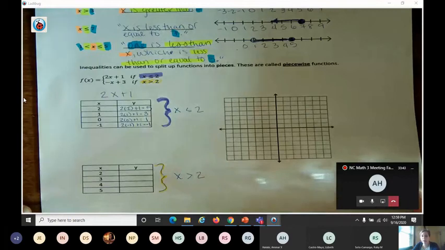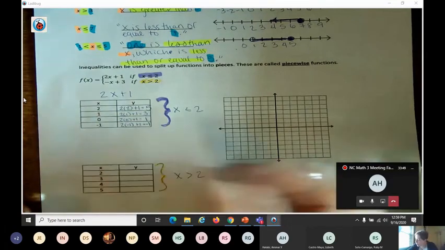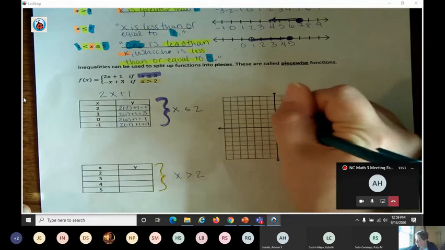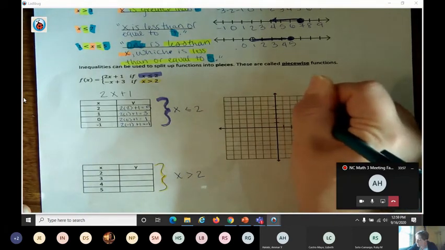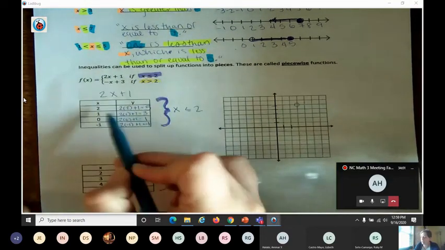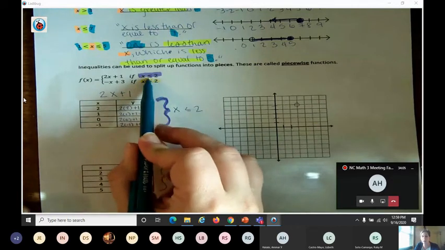Okay, so I want to plot these points on my graph. So my first point is (2, 5). So I'm going to go right 1, 2, and up 1, 2, 3, 4, 5. I'm going to put a point right there. Now, since this was on our inequality, 2 is a number that's on our inequality, I need to decide whether I use an open or a closed circle.